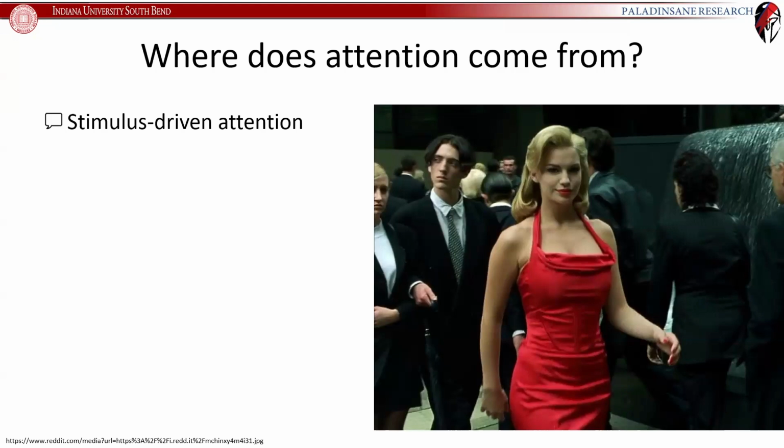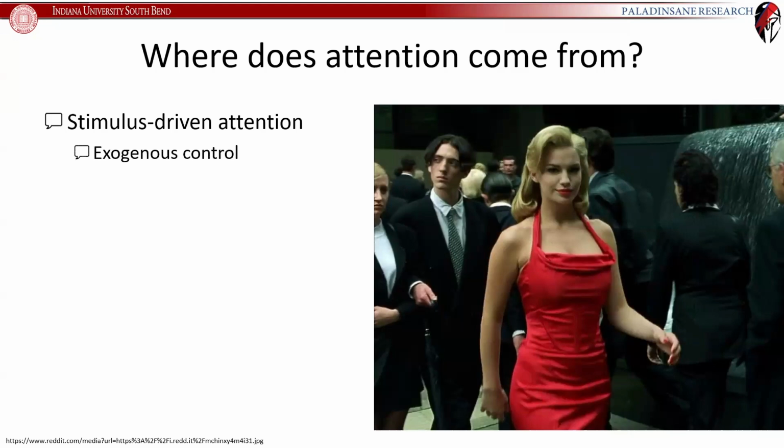She wasn't part of an assignment or any kind of goal that was given to Neo. She was just a woman in a red dress. But in the sea of these black and white businessmen, she just stood out, basically grabbed his attention, and led him to do some extra processing on this particular individual.